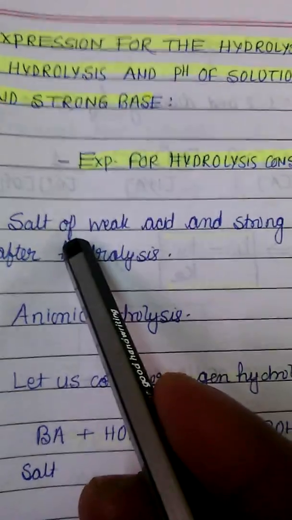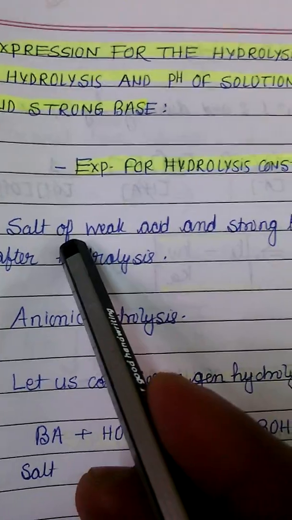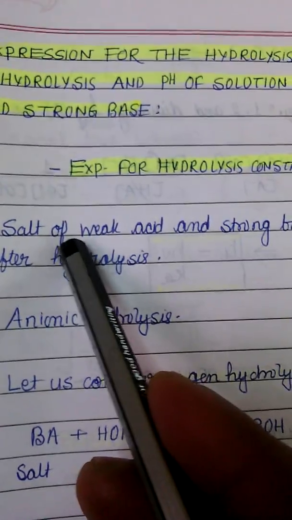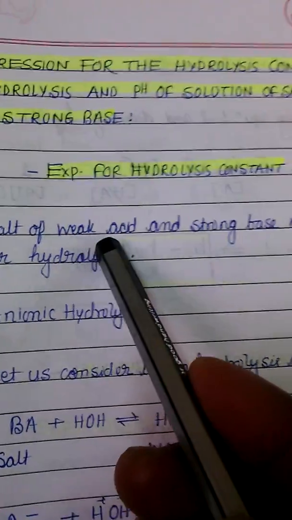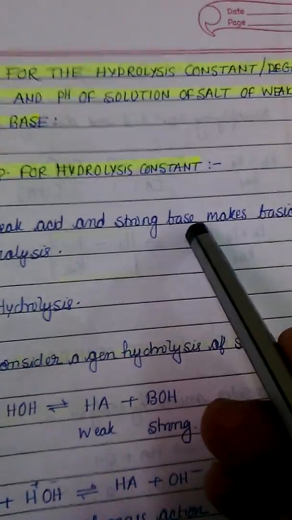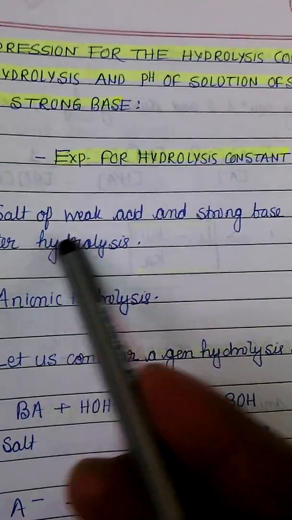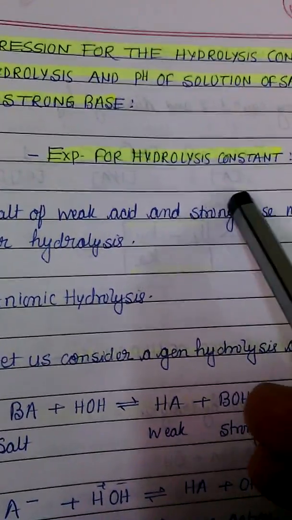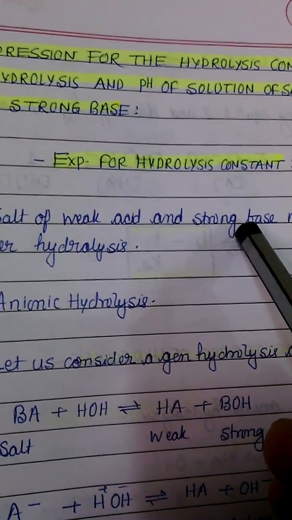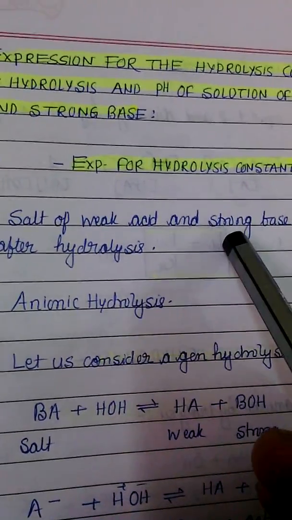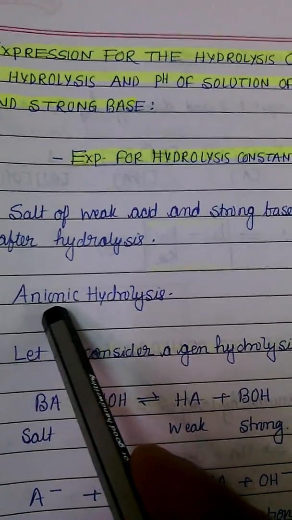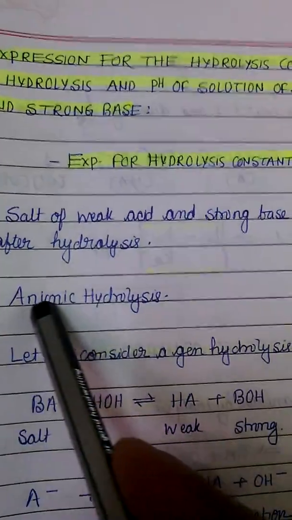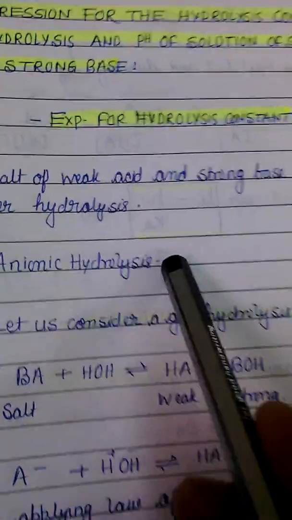Since the salt is formed due to the combination of weak acid and strong base, whenever such a salt undergoes hydrolysis reaction, the nature of the solution becomes basic because the base is strong in nature. And whenever the solution becomes basic, the anion part of the salt is taking part in hydrolysis reaction, so it is an example of anionic hydrolysis.